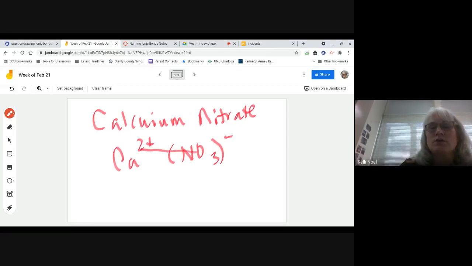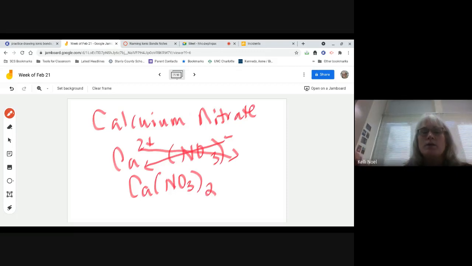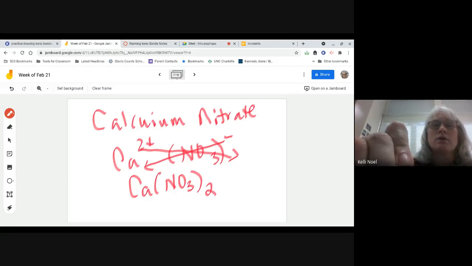So I'm going to crisscross. The 2 goes here and the 1 goes here. So Ca(NO3)2, with NO3 inside parentheses with a 2. Notice I don't care about the charges when I rewrite it. I only need the charges for the ions. I don't need the charges when I rewrite the subscripts.